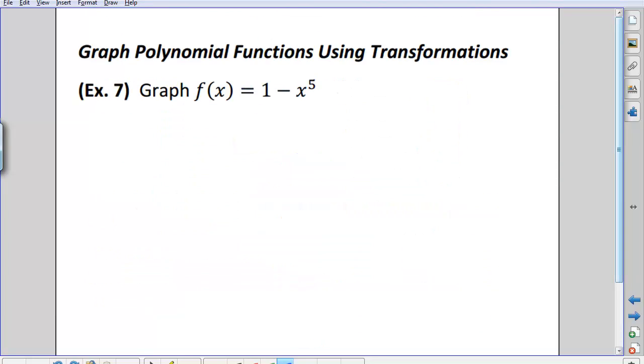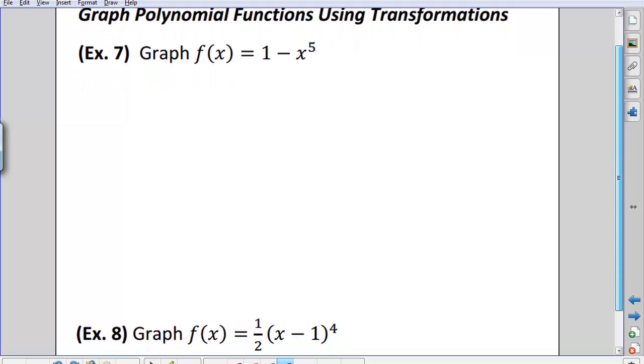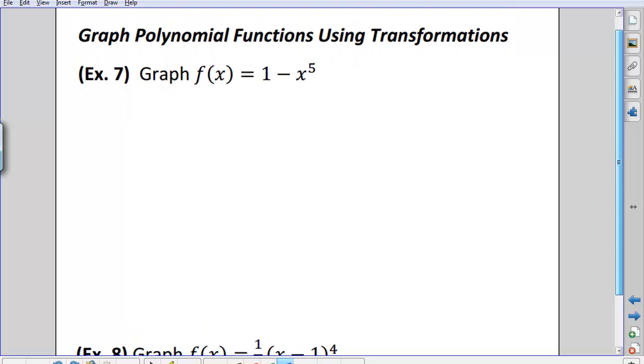Okay, so we can now use that and graph polynomial functions using some transformations. And so let's graph f of x equals 1 minus x to the fifth using the transformations we learned about in the last chapter, section 3.5. So what would that look like?